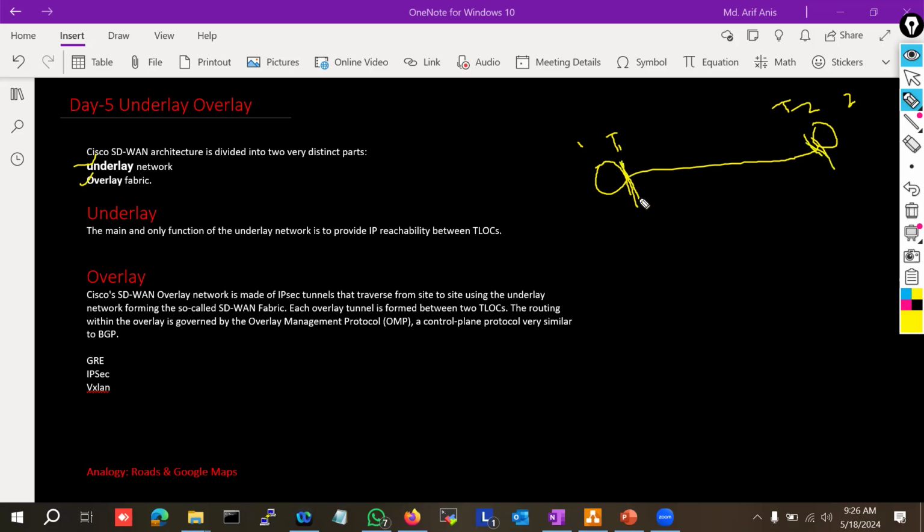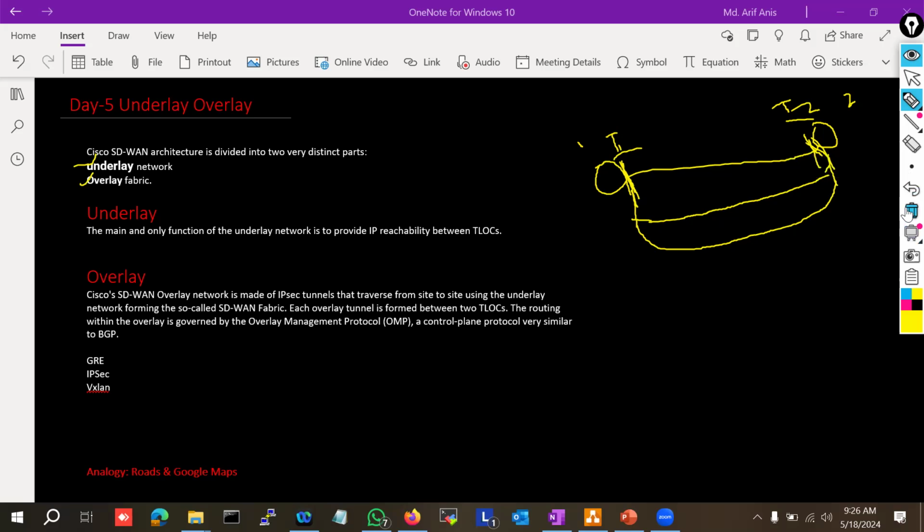The link could be internet, MPLS, or 4G, 3G, but reachability between the two TLOCs is important, and it is provided by the underlay. And the overlay, on top of this physical connectivity, we are forming a tunnel. This is logical, and we call it the overlay.